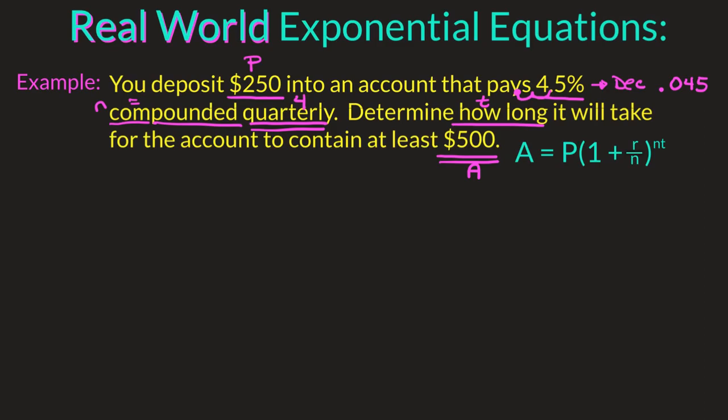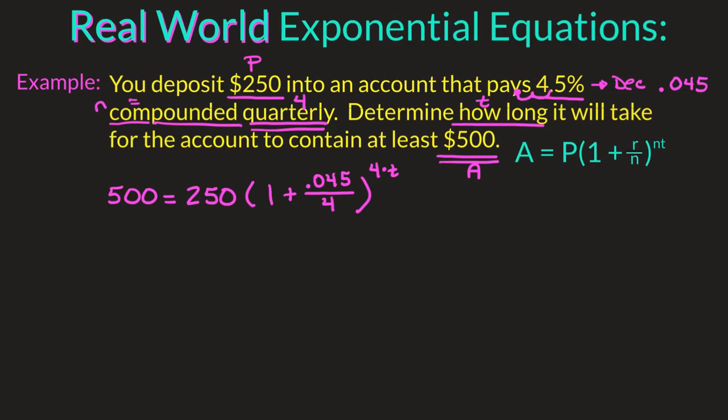So 500 equals our P was 250, open parentheses, 1 plus our rate is 0.045 divided by our n value, which we decided was 4, close parentheses to the 4 for n times our t, which we do not know. That's what we're trying to solve for.